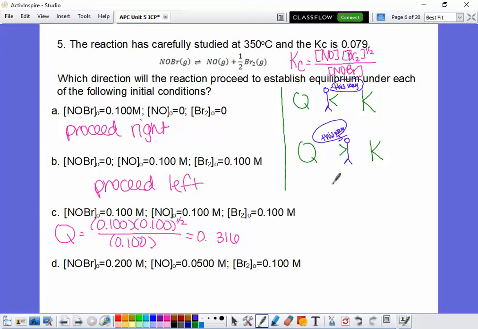We have to make more reactants, because when you're dividing something and the bottom number gets bigger, the overall answer gets smaller. So for C, since Q is greater than K, it's going to proceed left, because we need to make more reactants to make that bottom number bigger to make Q equal K.